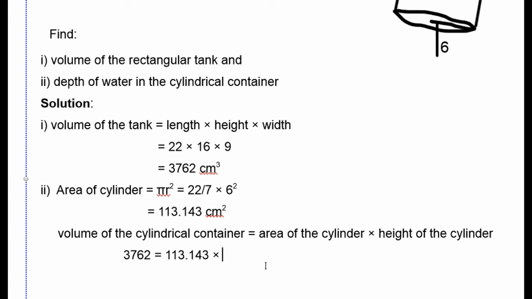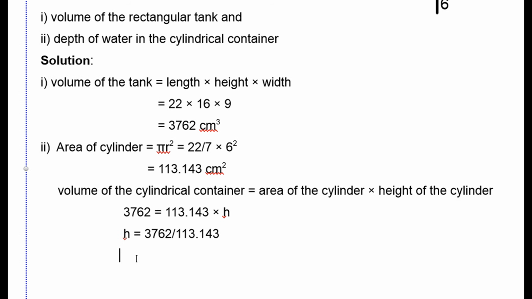So let's say H. Therefore H equals 3762 divided by 113.143.